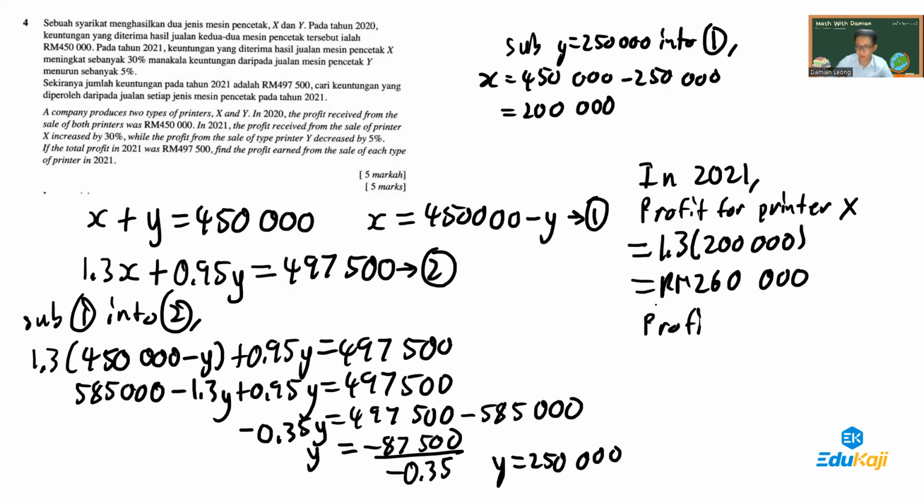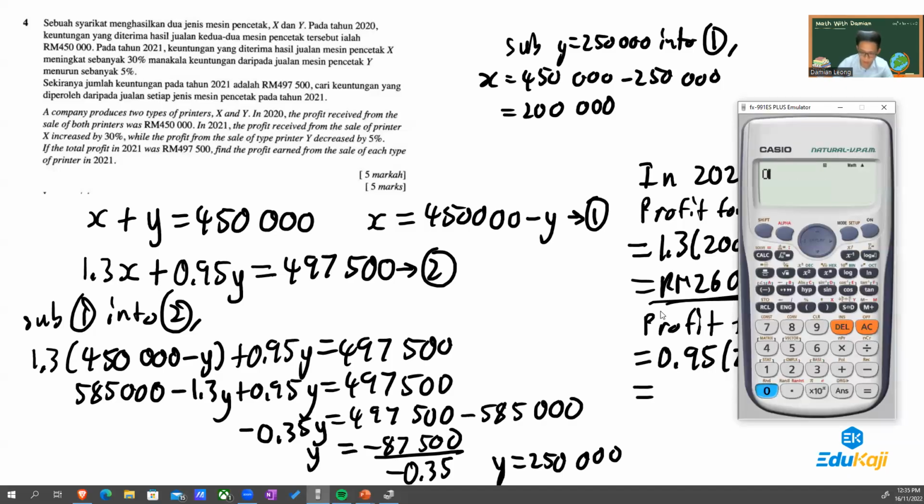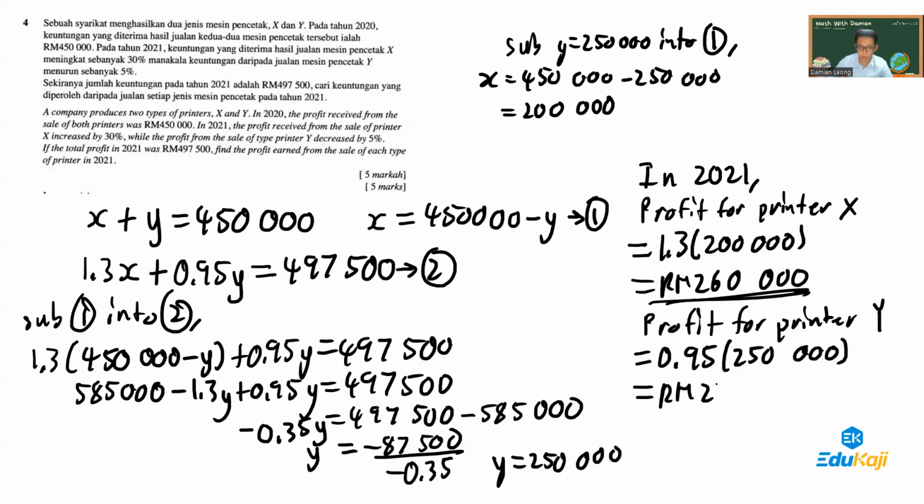And profit for printer Y, 0.95 times the 250,000, the profit in 2020. 0.95 times 250,000, 237,500. RM 237,500. Yeah. So that's the answer for question 4.